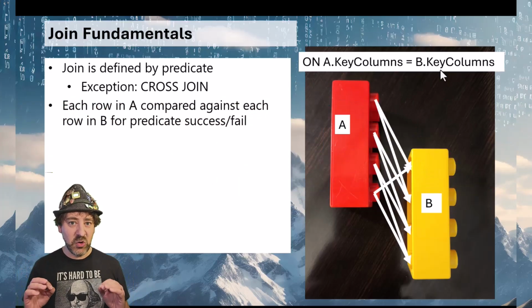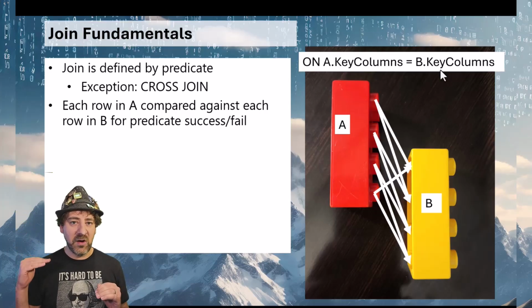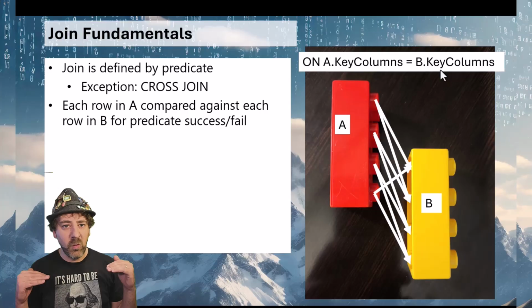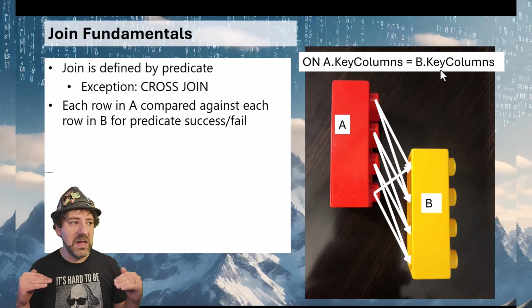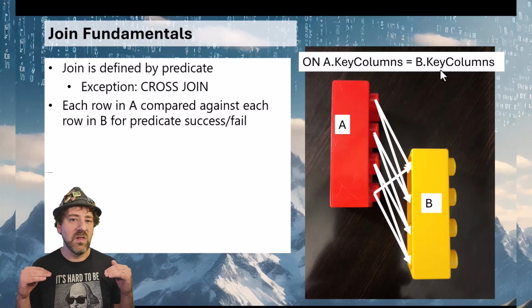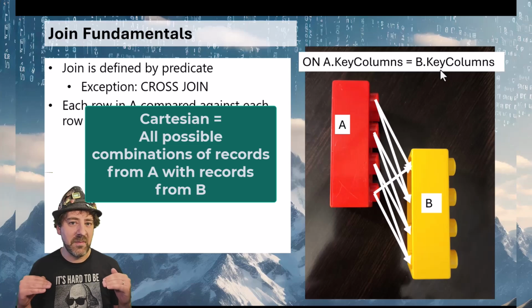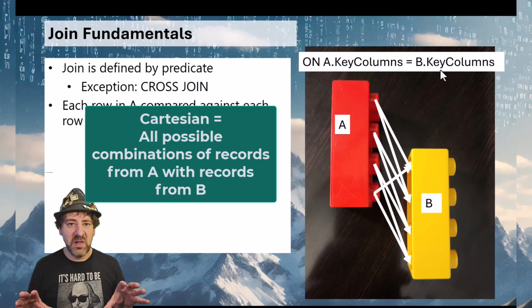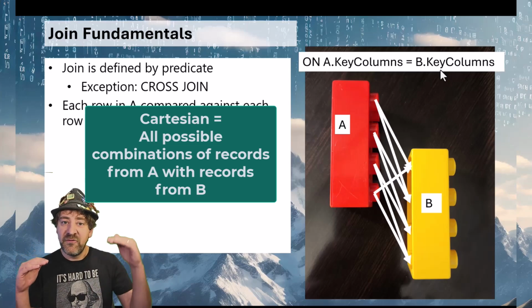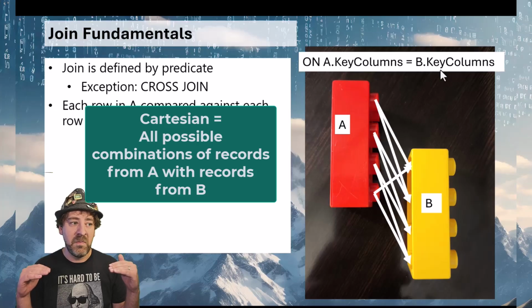What happens in a join is all of the records in A get compared to all possible records that exist in B, and we essentially create a logical Cartesian combination of all possibilities of a record in A finding a matching record in B.